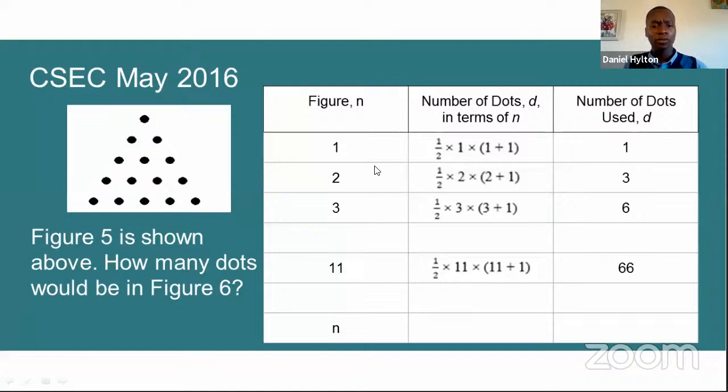So what's happening here? If we're looking at the figure number, I can say that for the number of dots, D in terms of n, we have a half multiplied by the figure number, multiplied by the figure number plus 1. Now let's see what else they have for us.